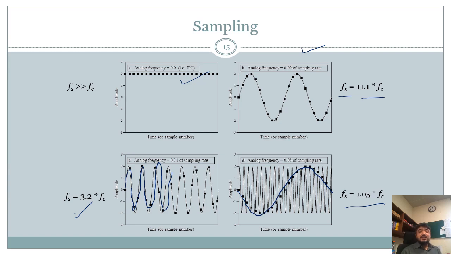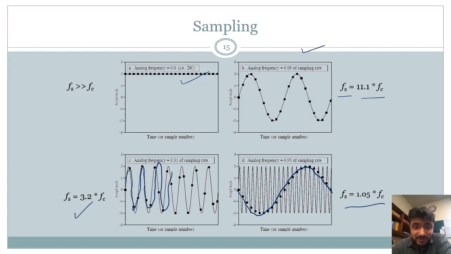Aliasing is when you start finding new frequencies in your representation of the waveform, frequencies which were not necessarily present in the original waveform, and this is because you failed to follow the Nyquist theorem, the sampling theorem, and did not sample at the correct rate for the frequencies present in your input signal.